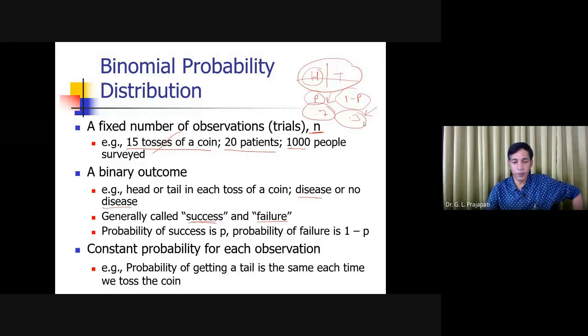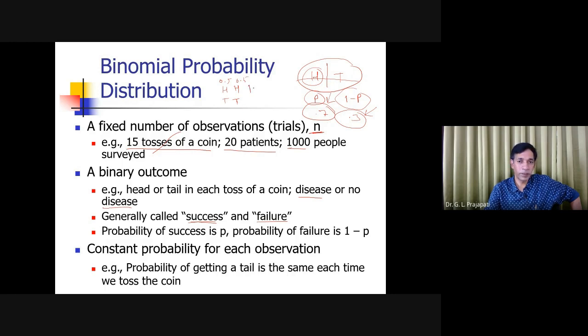One thing is important. If you go for the binomial distribution, then you have to observe constant probability for each observation. If you are tossing a coin the first time, the probability for head and tail is 0.5. If you are tossing the second time also, again the probability for head or tail is 0.5.